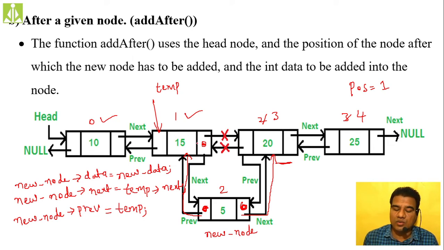So what I will do, just see over here. As my temporary pointer is pointing over here, in this part, which address I have to store? In this part, I have to store the new node's address, because this part, as you can see here, is pointing like this. So how can I access this part using this temporary pointer?